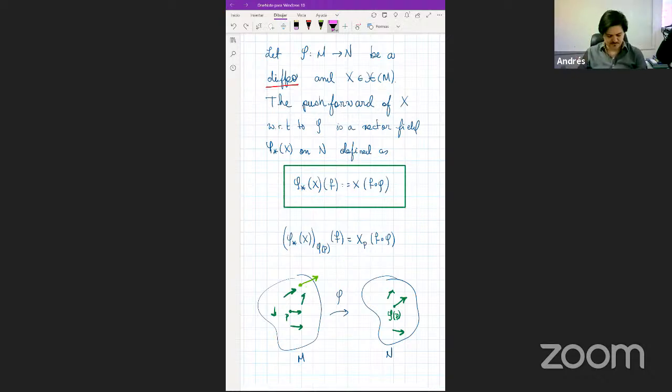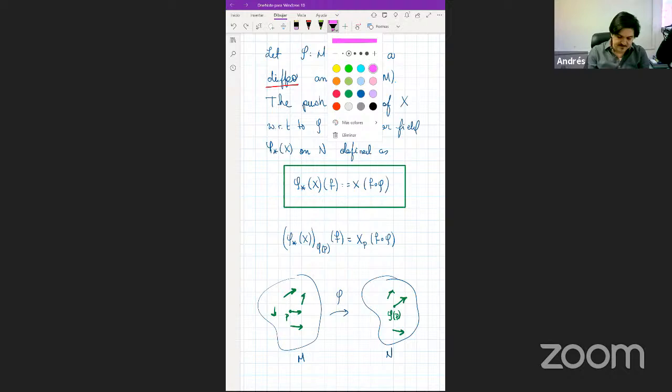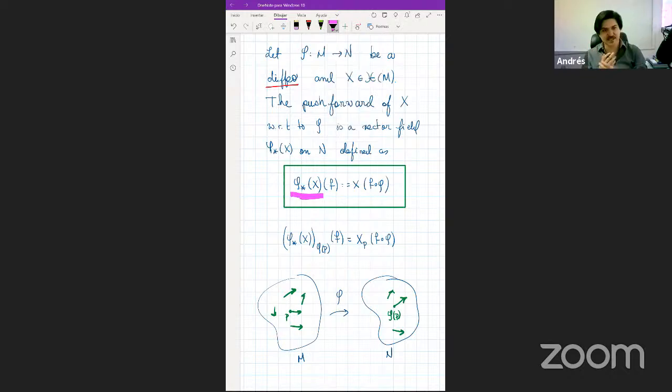Okay, so this we have seen before. It is the same. There's no difference.